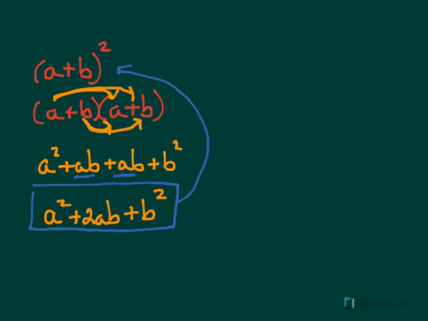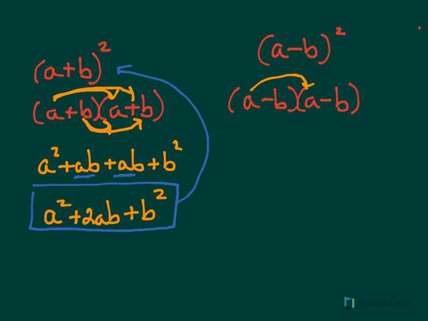So let's say we had a minus b all squared. If you were to multiply this, then the only difference is you're going to get a subtraction on the middle term. So we have the a times a, which is the a squared.